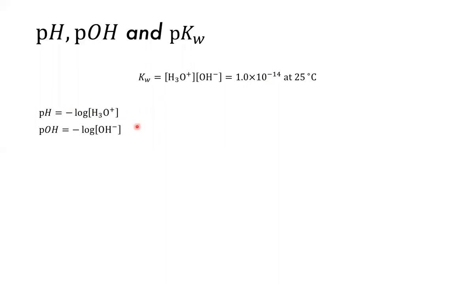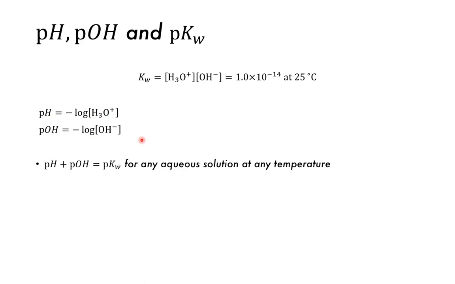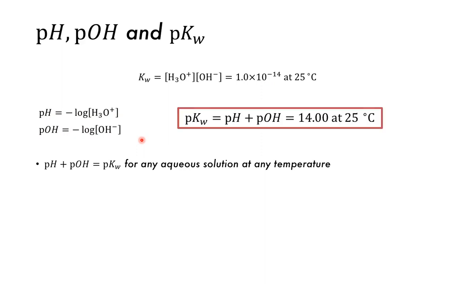So pH is equal to minus log the concentration of H3O plus, and pOH is similar to pH in the sense that pOH is equal to minus log the concentration of OH minus. So pH plus pOH is equal to pKw, for any aqueous solution at any temperature, but the value of pKw will change. So pKw is equal to pH plus pOH, which is equal to 14.00 at 25 degrees Celsius.